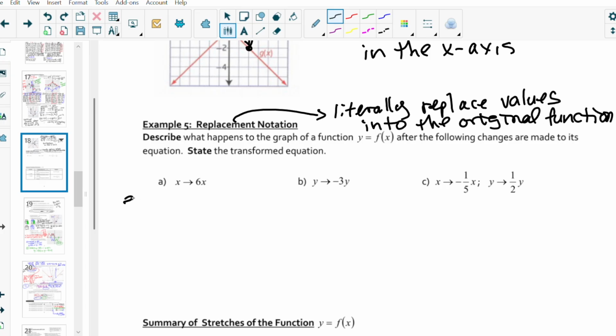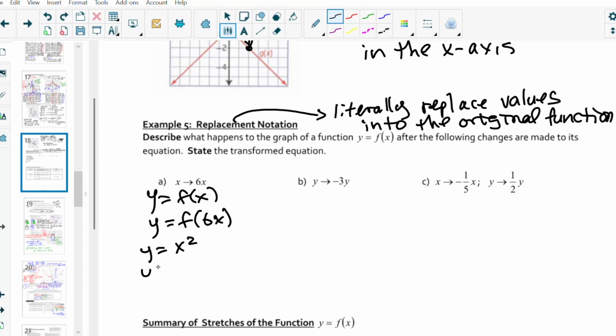So, example, if it's y equals f of x, then it's y equals f of 6x. So literally, wherever you see an x, you replace it with a 6x.